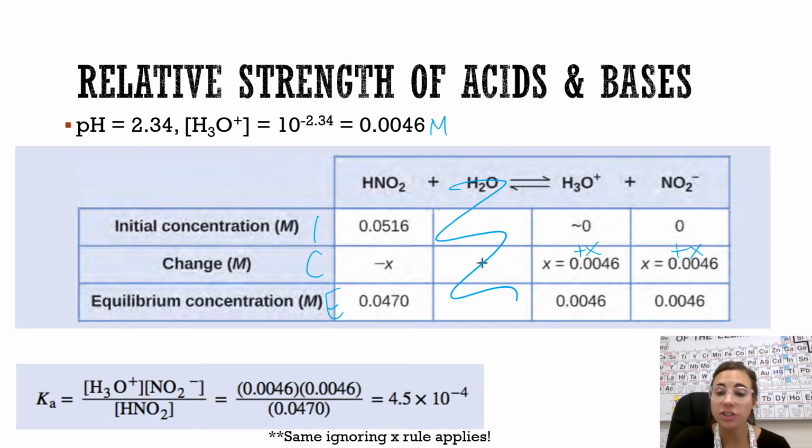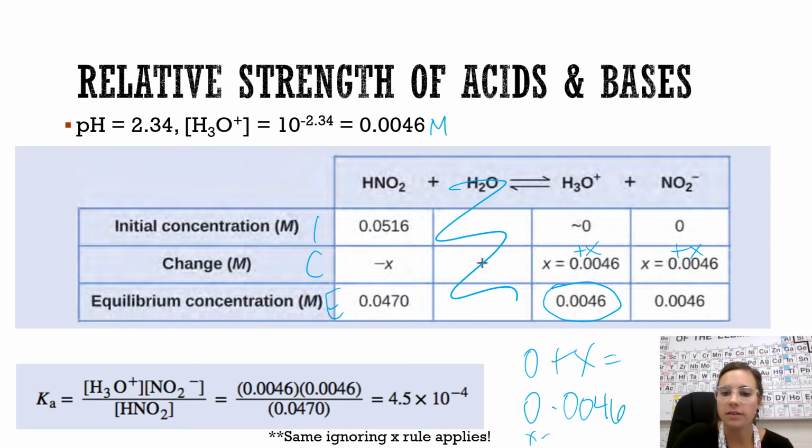Well, if my pH is 2.34, then my concentration of hydronium is 0.0046. So I fill that in here. Well, if 0 plus X equals 0.0046, then X equals 0.0046. So then this is 0.0046, and then here I do 0.0516 minus X, which is 0.0470.